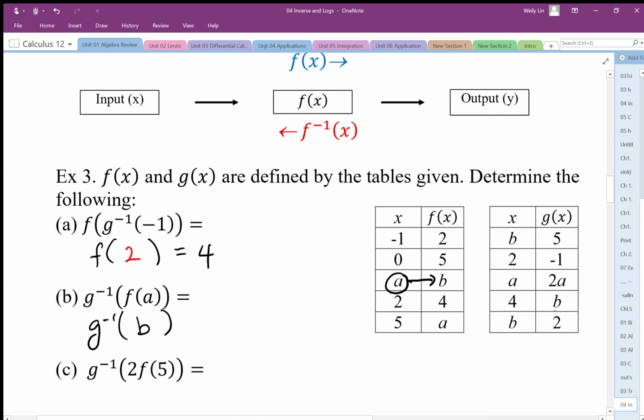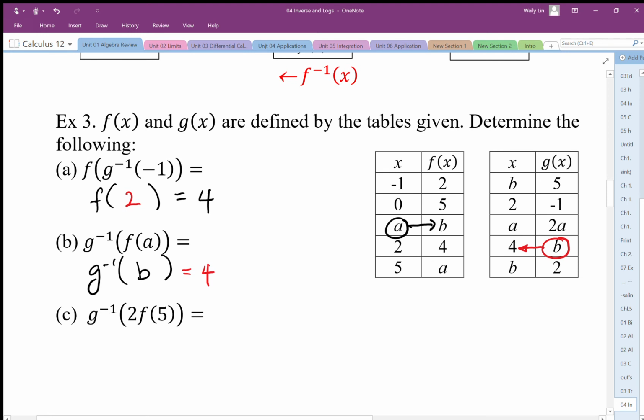So I'm starting with b and I want to go back towards the input. So that's going to give me the value of 4. Try to understand how we map this on. f of A goes from x to f. Inverse b goes from the y to x. That gives me that.